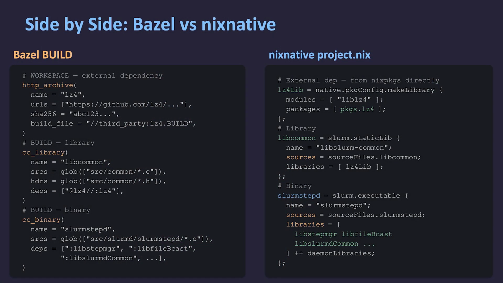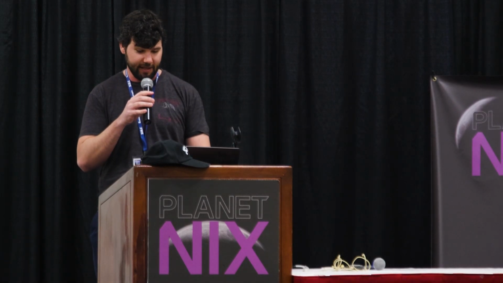If you compare what trying to build this project in Bazel would look like compared to Nix Native, it's mostly the same. You say I want a library, cool, I want a library, I want a binary, I want a binary. Bazel has a way to fetch remote repositories, things that are not already in Bazel, and build them. But it's kind of clunky. Nix packages is just right there.